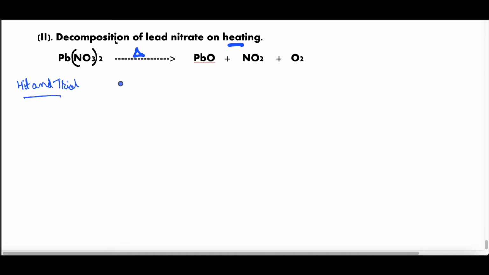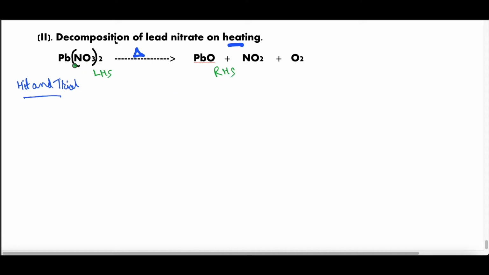The third step says that start balancing the element which has the maximum number of atoms, and it can be on any of the sides. So when we observe this chemical equation, we have one atom of lead on the reactant side, that is on the left hand side, and one atom of lead on the right hand side as well.